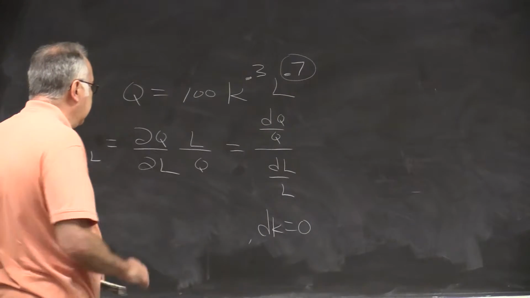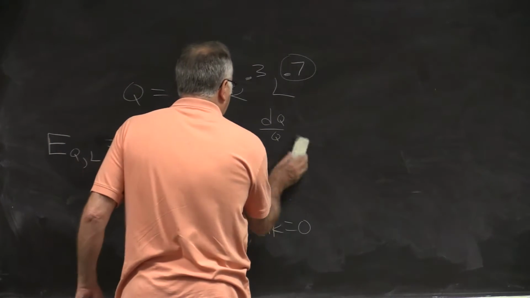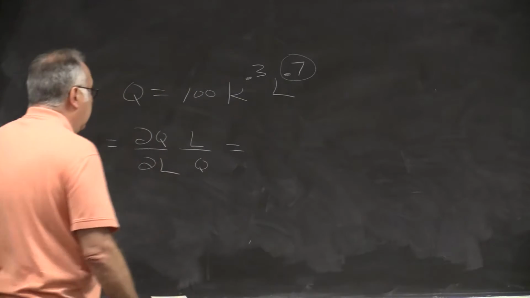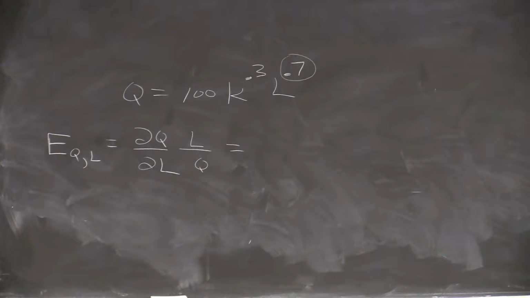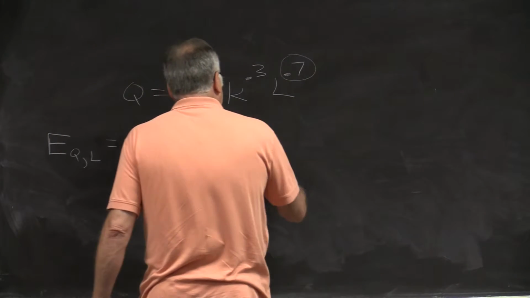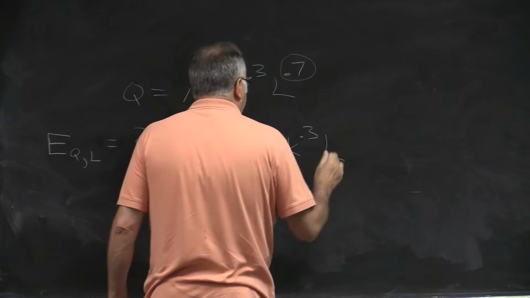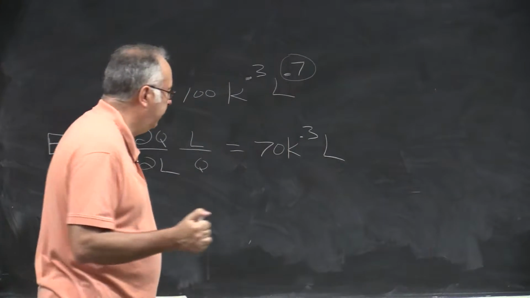But what is partial Q, partial L? It's 70 K raised to 0.3 times L raised to the minus 0.3. Very good.